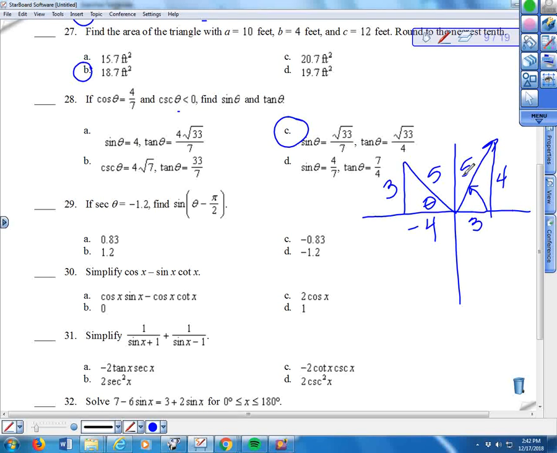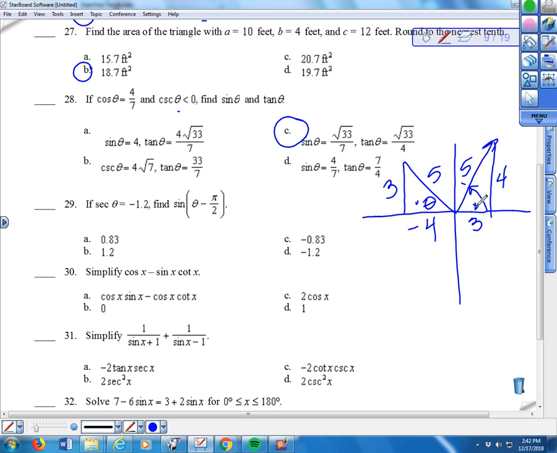If I subtract 90, let's say this was 30 degrees, reference angle. That means this is 60 and this is 30, which is why I switched my x's and y's. So I'm trying to find sine of this angle, which would be 4/5, 0.8, which is not up there.